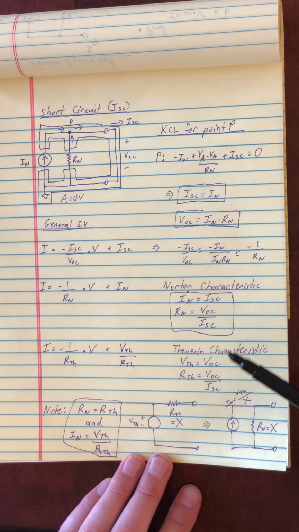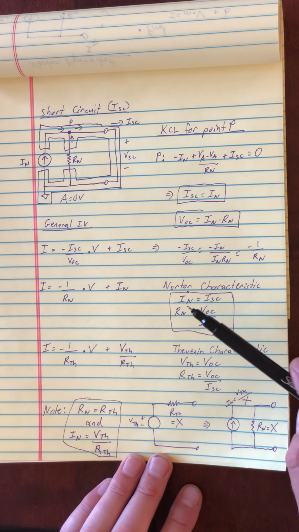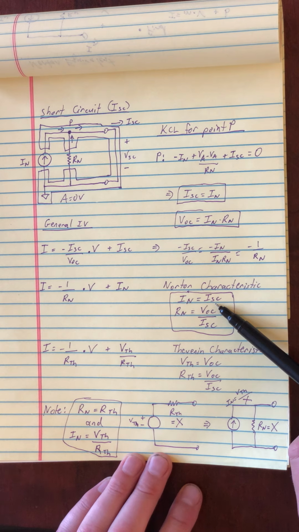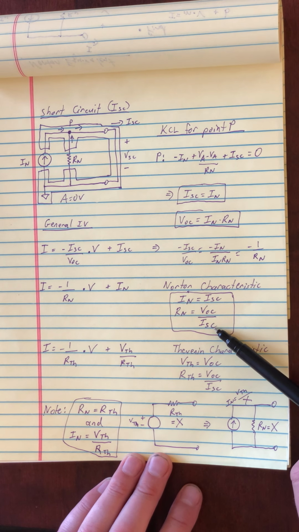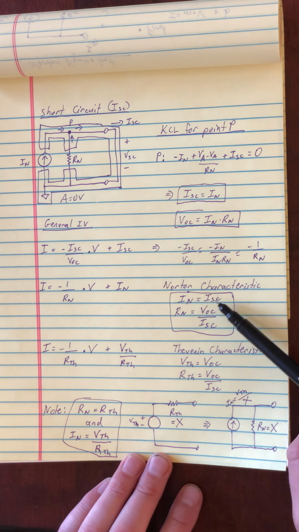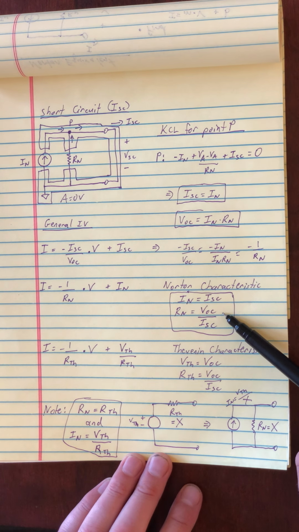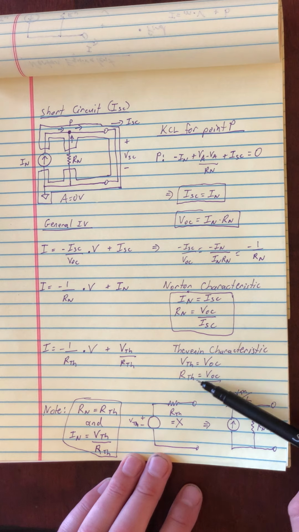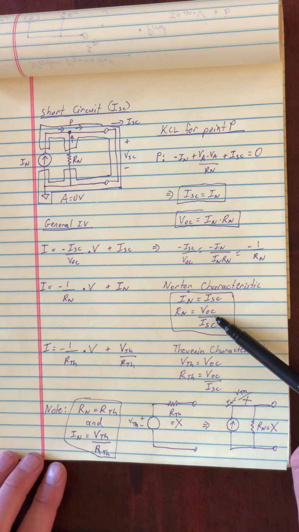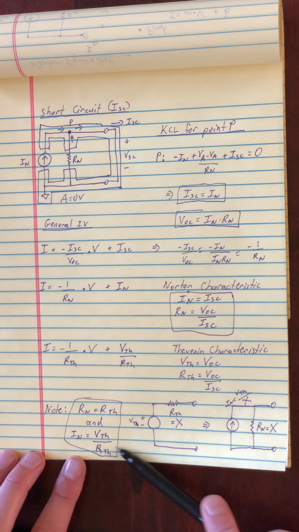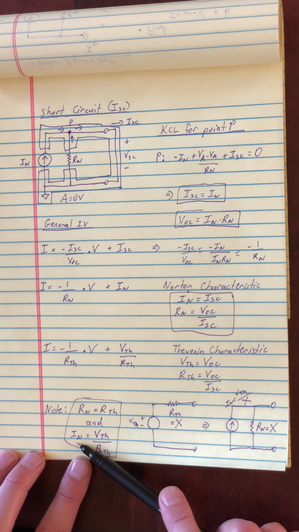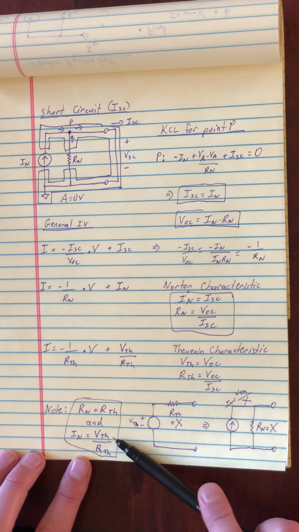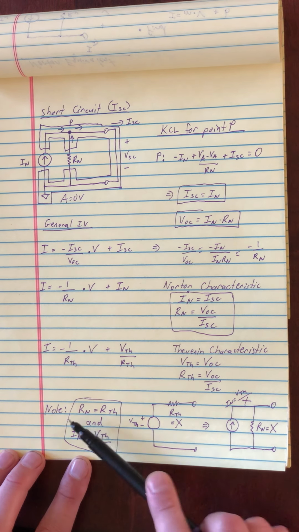The second thing is, if you look at IN is ISC, and if I rearrange this equation, ISC is VOC over RN, and so IN is VOC over RN, but RN is also RTH, and VOC is also VTH. So I can rewrite this to say that if you want the Norton current, it's the Thevenin voltage divided by that resistance that they both share.